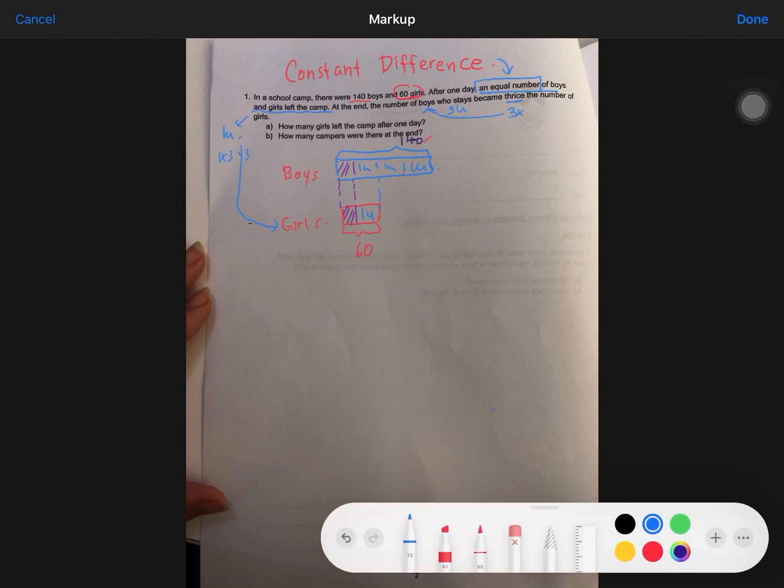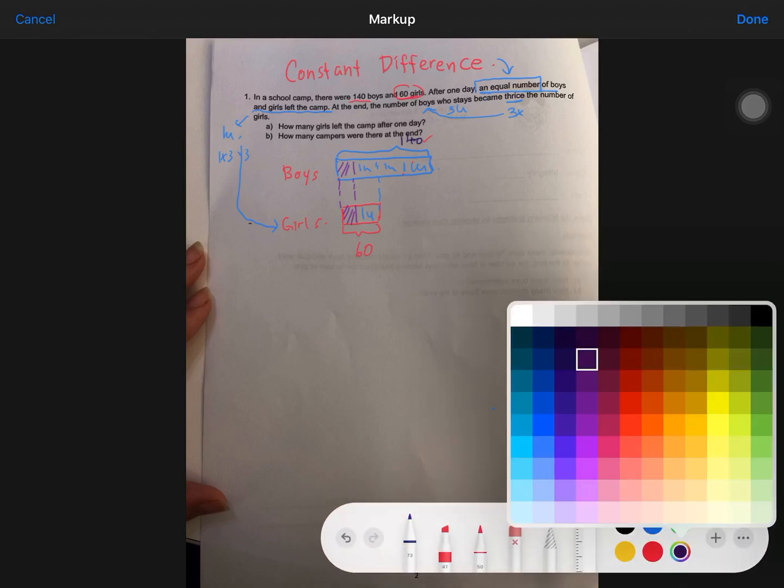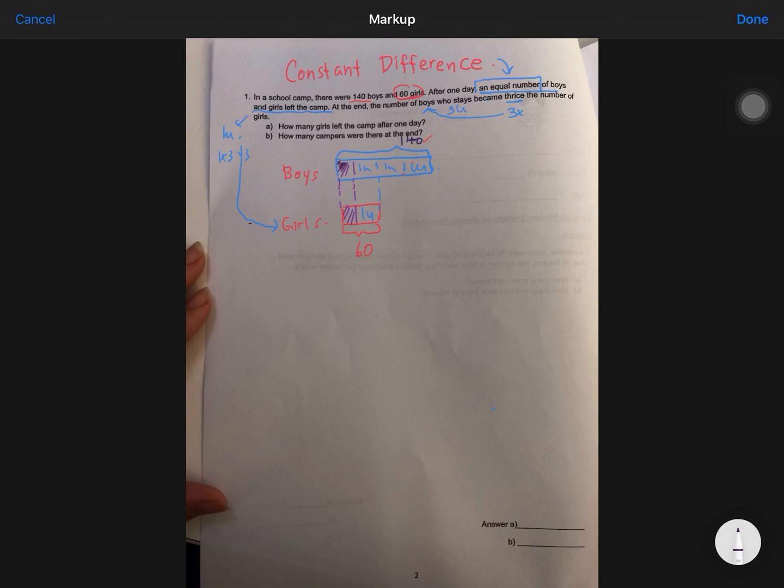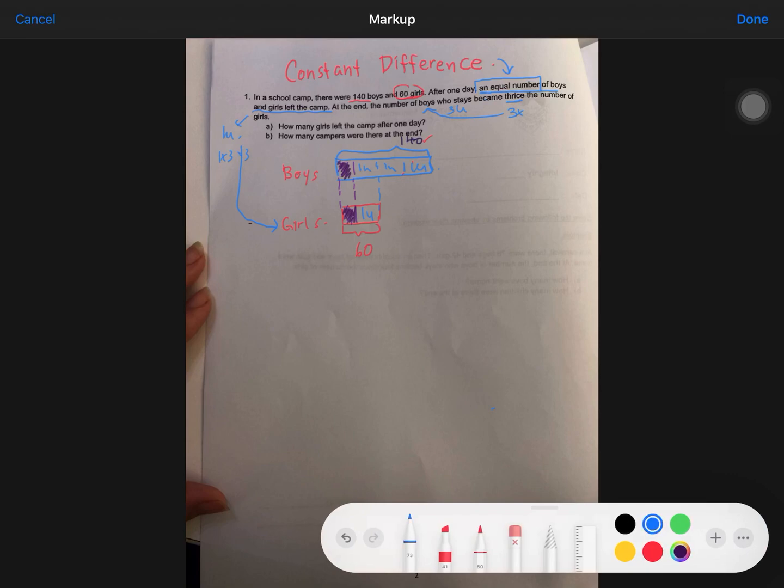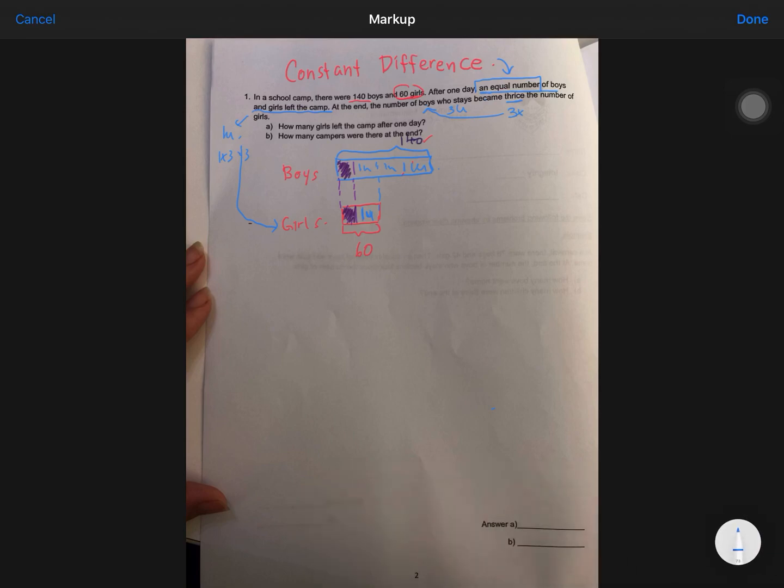So the purple part here represents the equal number of boys and girls that left. Then we have the girls as 1 unit, and after that we cut the boys, leaving 3 units.